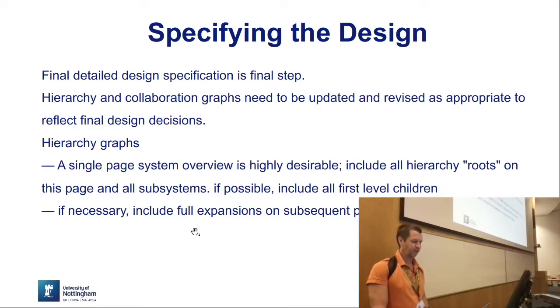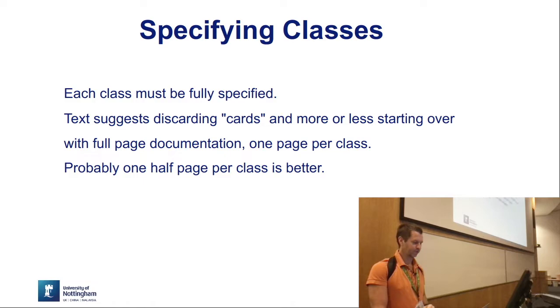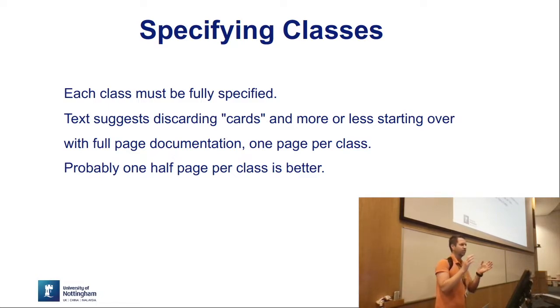Then if you have subsystems in the overview diagram, have those subsystems documented on separate subsequent pages. Every class is given its own page, with the class name and the full class card.